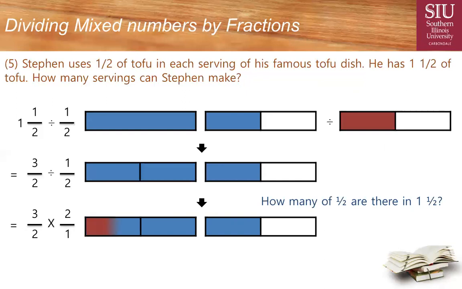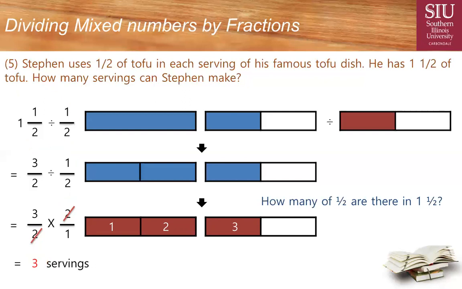So procedurally, we have to change this division into multiplication, times the inverse. So therefore the 2 we can cancel, and we got the 3. So in this one, you can see fraction divided by fraction, we got a whole number.